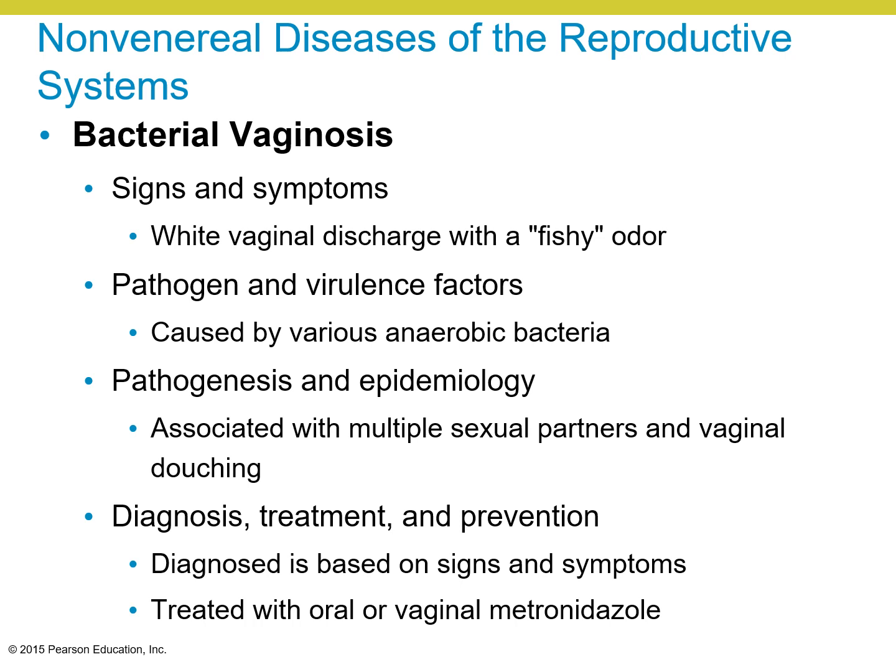The pathogen responsible: bacterial vaginosis results when the normal lactobacilli of the vagina are replaced with a large number of facultatively or obligate anaerobic bacteria, such as Gardnerella vaginalis or Mycoplasma hominis.